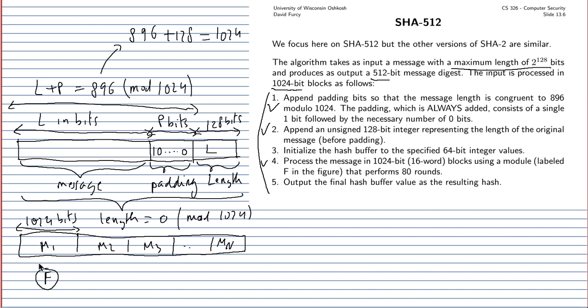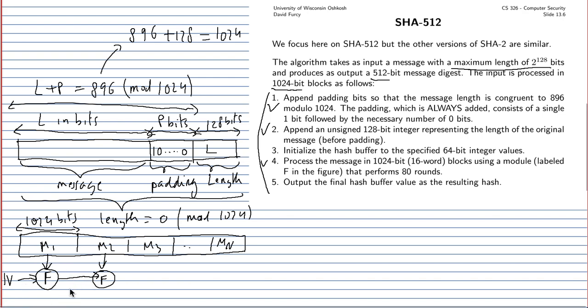It takes the first block as well as another value, which we'll call an initialization vector like we did before. The output of this hashing function will be a 512-bit message digest, but only for the first block. Then we run the f function again, this time with the second block, and the second input will be the output of the previous hashing step.